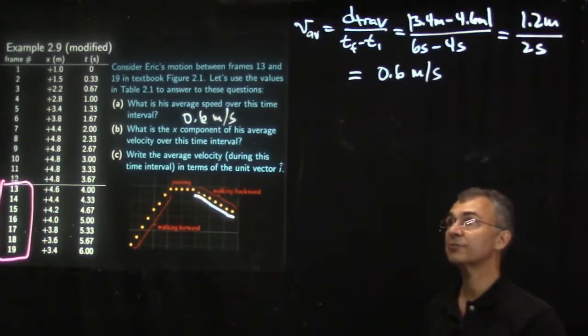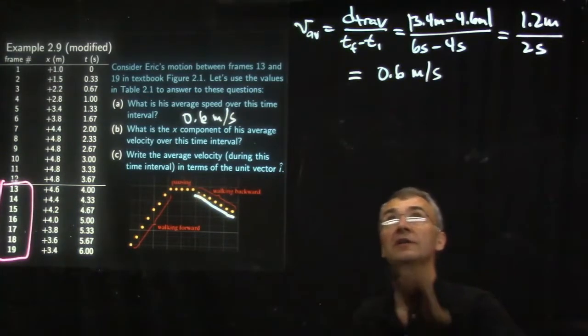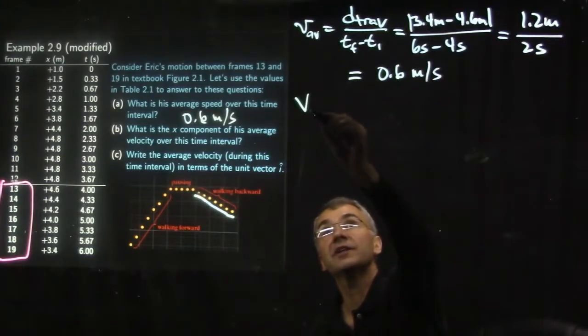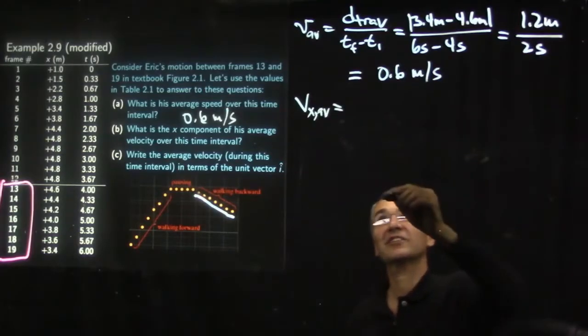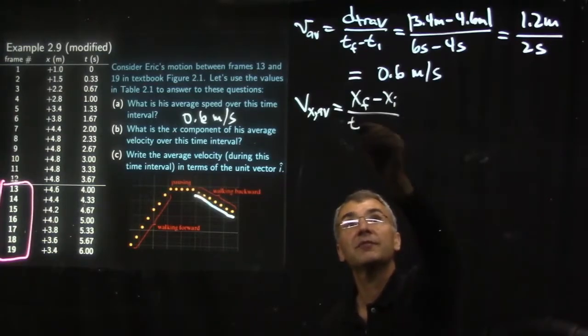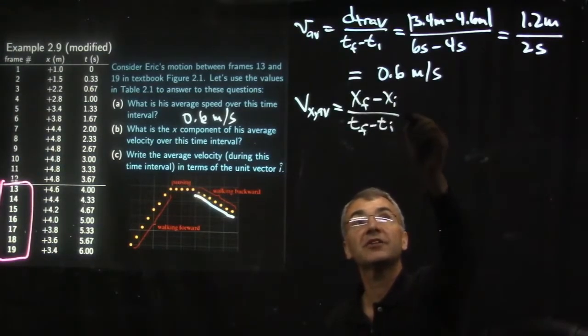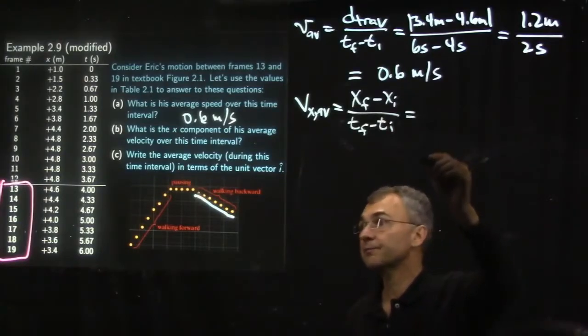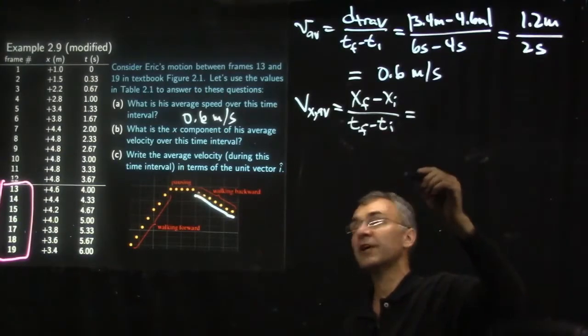What is the x component of his average velocity over that time interval? Well, I guess we can say v x average, which is the same as v average x. That is x final minus x initial divided by t final minus t initial, and which one is final is 3.4.